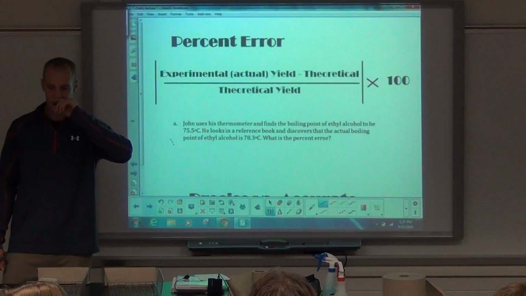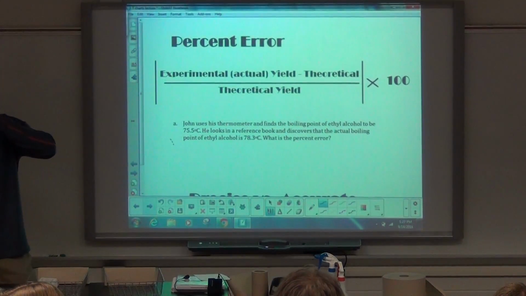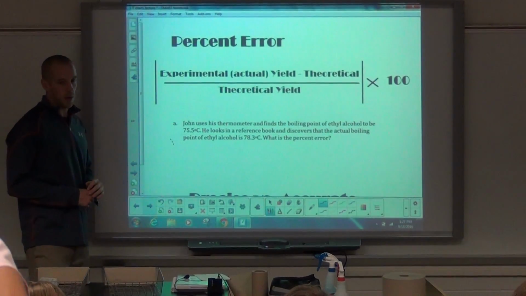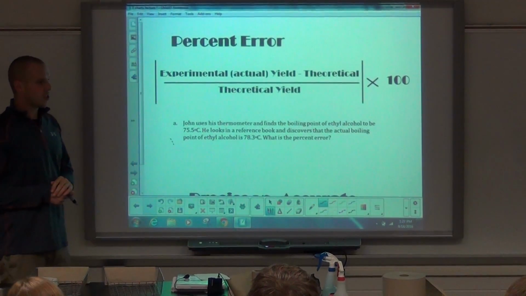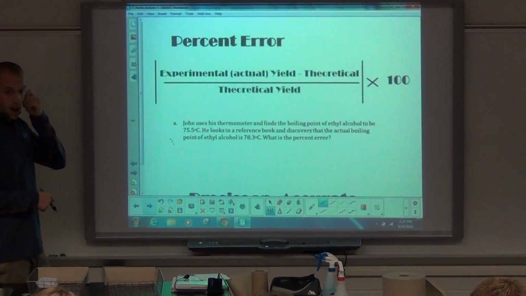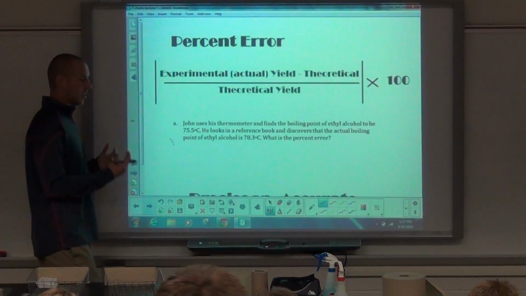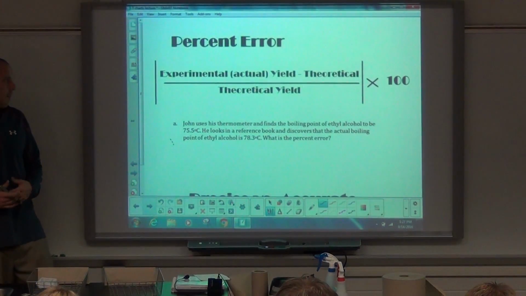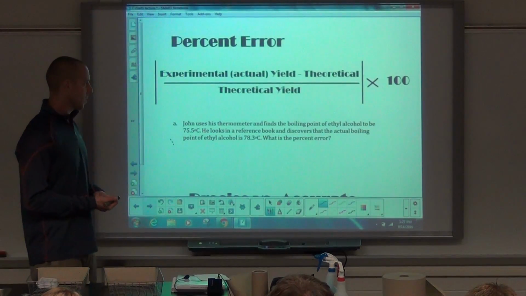I believe this is on the back side of your sheet. Intro 4. I'm going to actually do the first one in a second here. You might want to write this equation down. Percent error is telling us how accurate a measurement that we take is, or how accurate something that we do in the lab is. Okay?